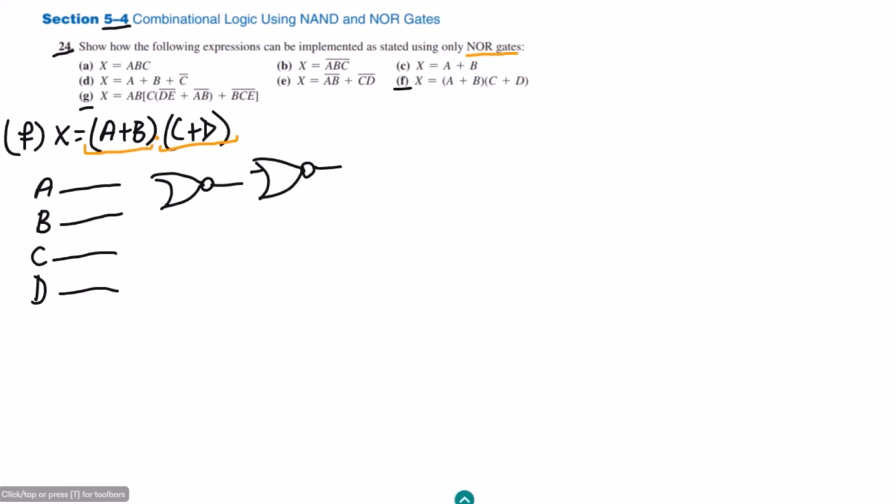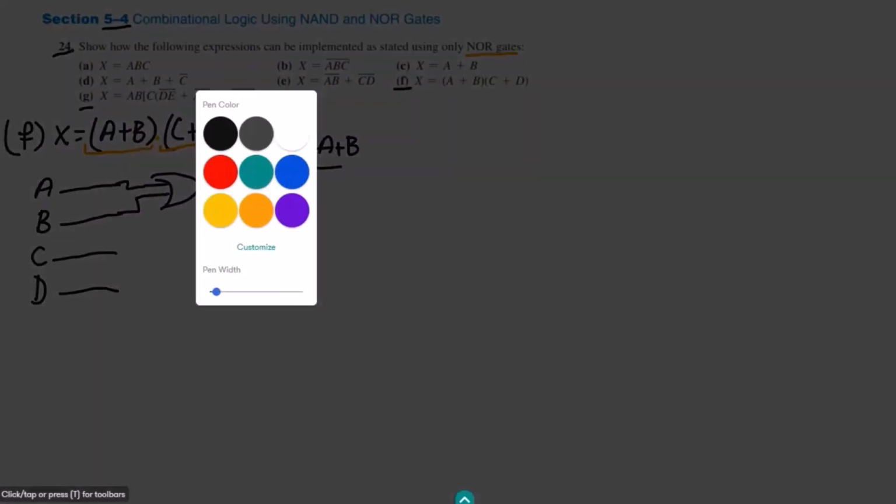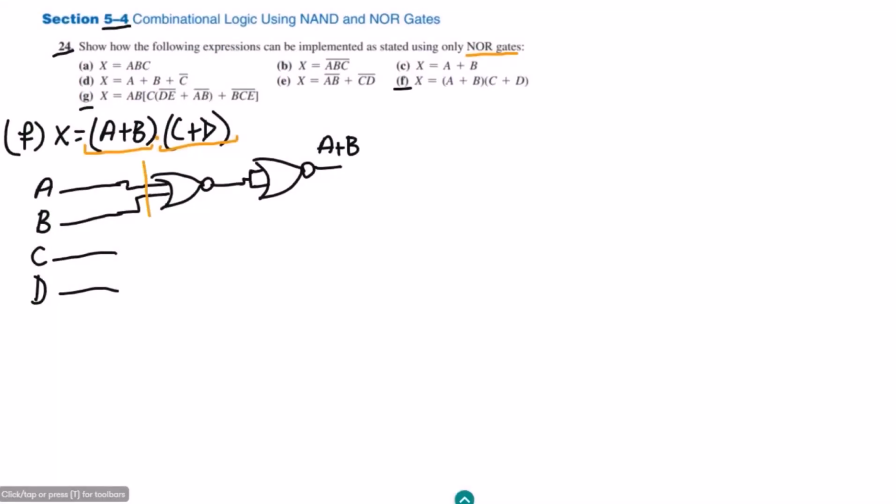The two inputs of it are combined together, and the output of the first gate is given to it. When this is given to it, what will be the output of it? It will give me A plus B. Why is this? Because this is the implementation of the OR gate by using the NOR gate.